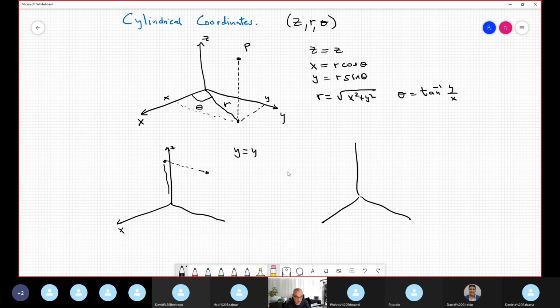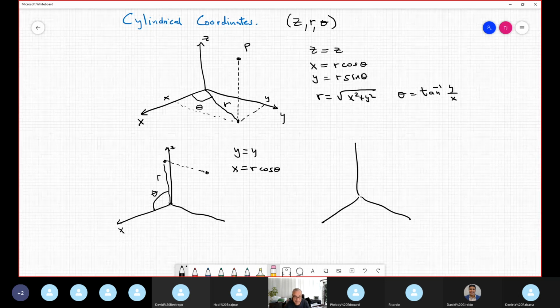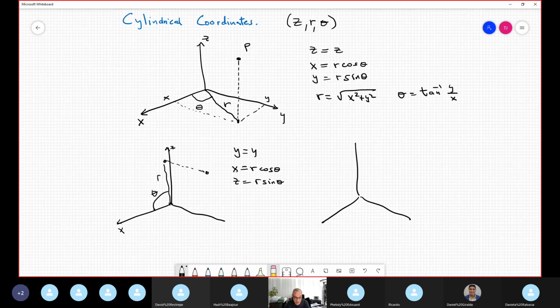This is r, and this is theta. Theta is always measured from the x-axis or y-axis, never from the z-axis. In this case, x is equal to r cosine theta, z is equal to r sine theta, and r is equal to the square root of x squared plus z squared.